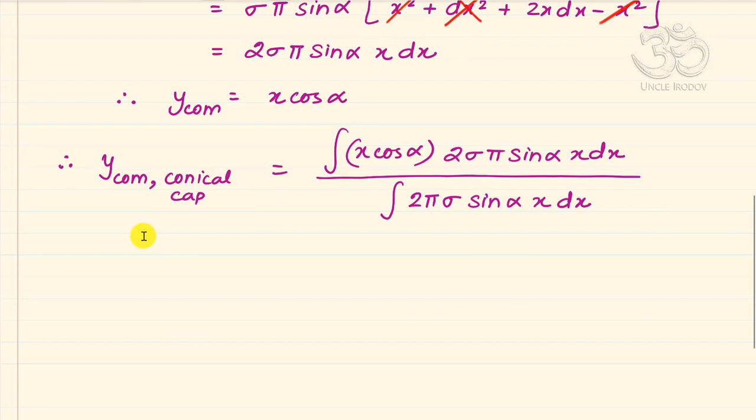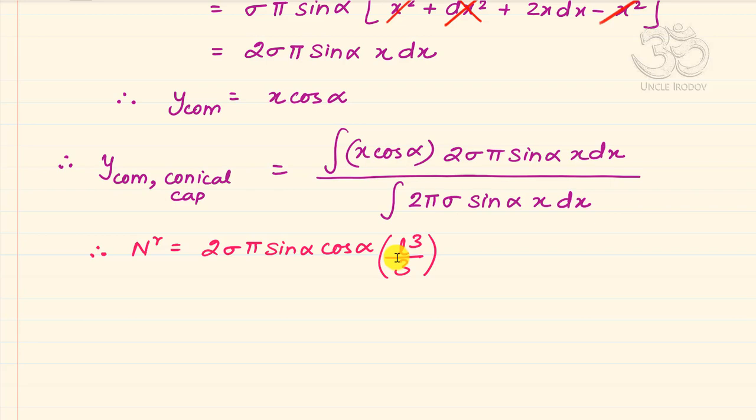So the numerator gives you, you can take a lot of things out. 2 sigma pi sine alpha cos alpha, everything goes out, and what are you left with? x into x squared dx. So x squared dx gives you x cubed by 3, where the limits are 0 to l. So you are going to get l cubed by 3 in the numerator.